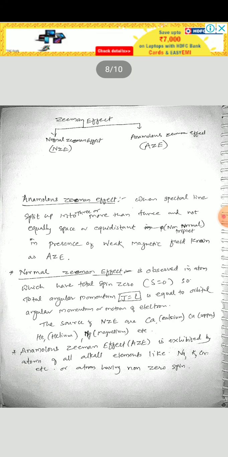Now, there are generally two types of Zeeman effect. One is the normal Zeeman effect, in which the spectral lines split into three and are equidistant.